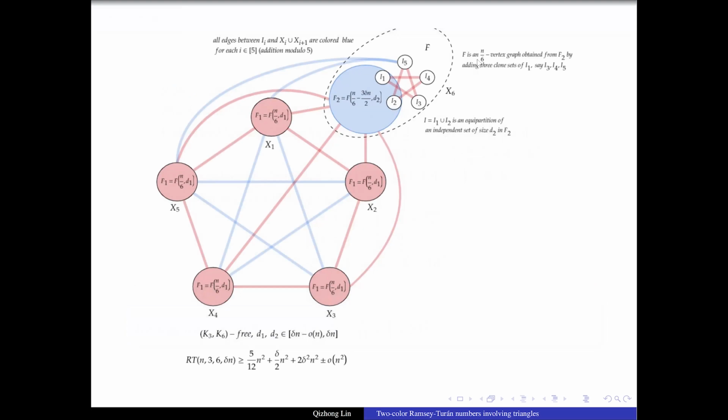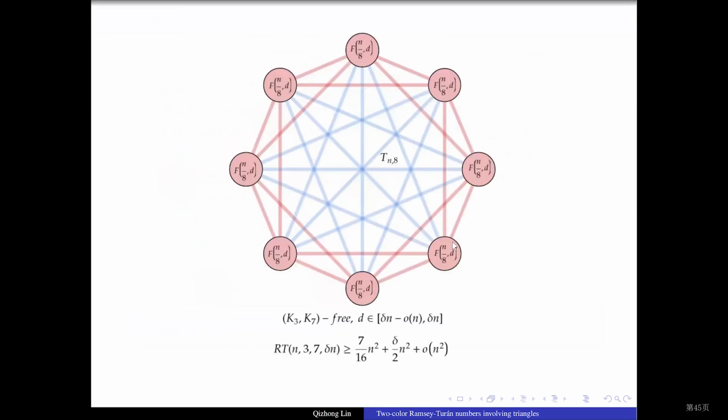Here, the graph F is an n-vertex D-regular triangle-free graph with independence number o(D). Moreover, from the construction of rho 3, 7 delta, we believe the following.